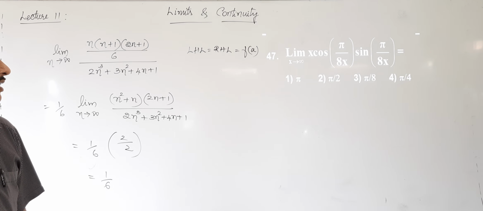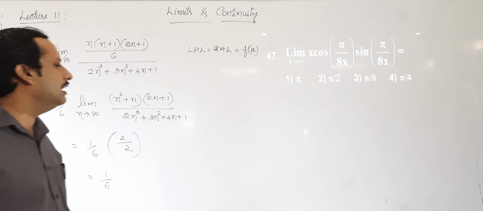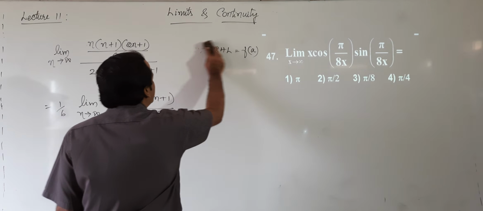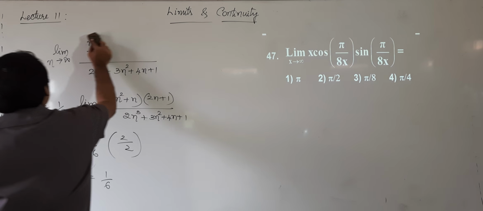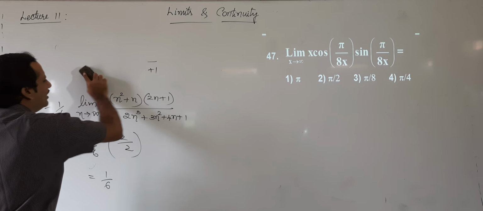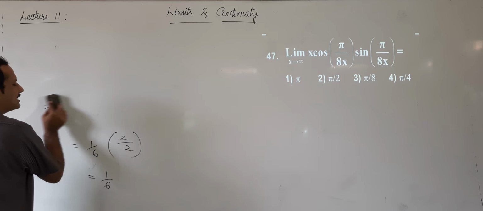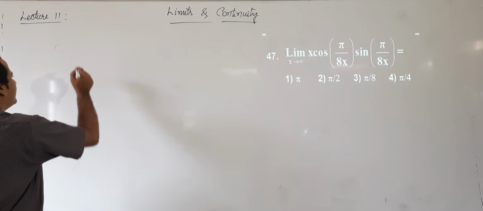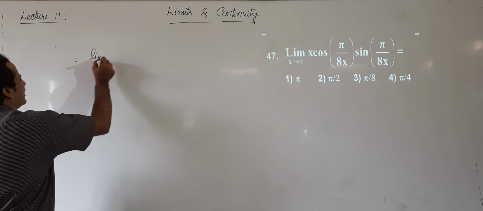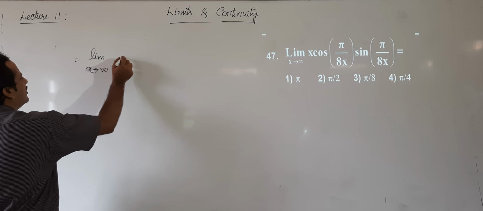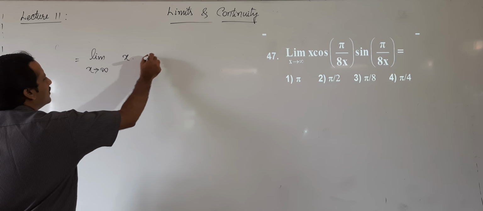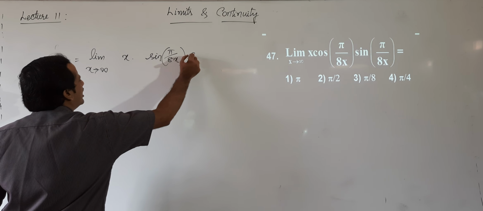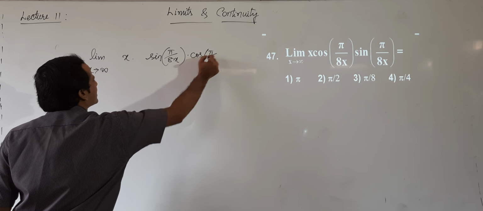Then 47th question. Limit x tends to infinity, x cos pi by 8x into sin pi by 8x. Okay. Limit x tends to infinity, x into sin pi by 8x into cos pi by 8x.